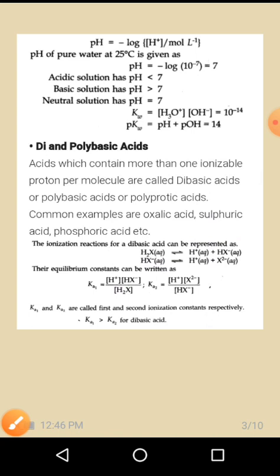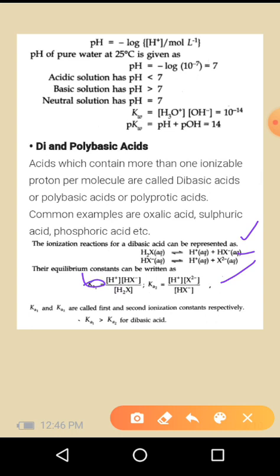The equilibrium constant can be written by applying the law of mass action for this equation as well as for this one. So here Ka1 is equal to the product of concentrations of the product side, H plus and HX minus, divided by the concentration of the reactant H2X.